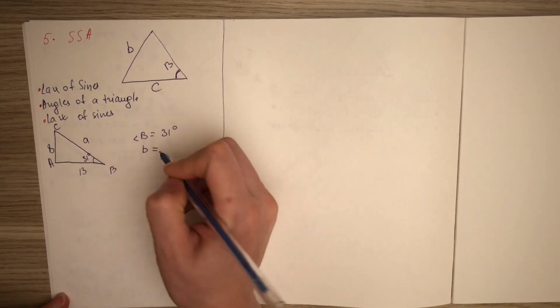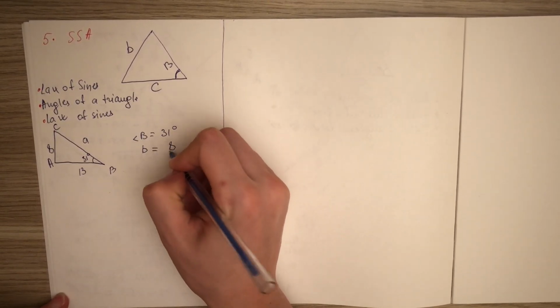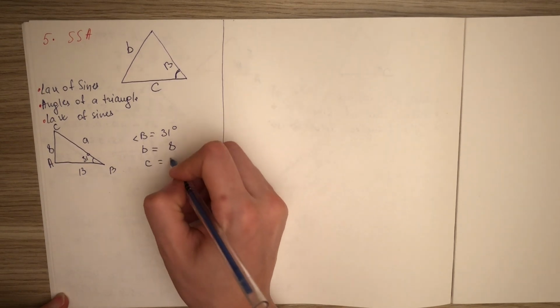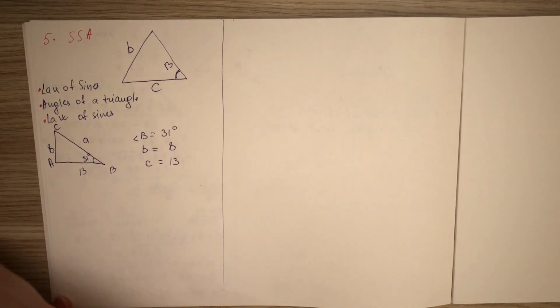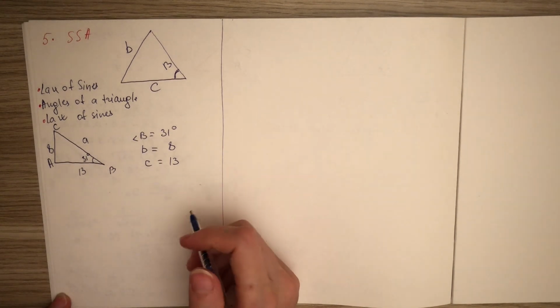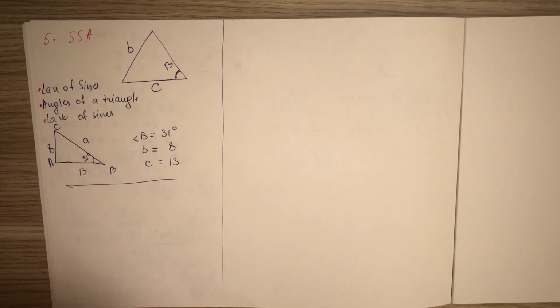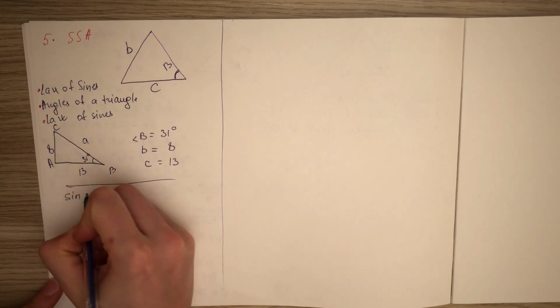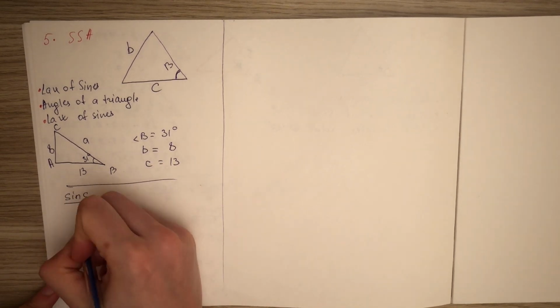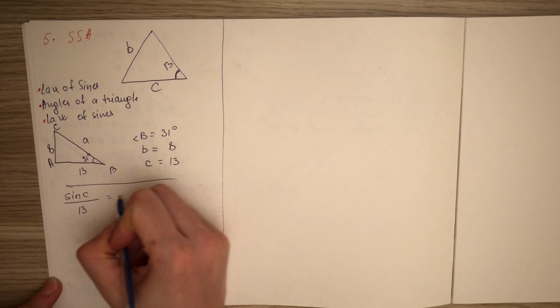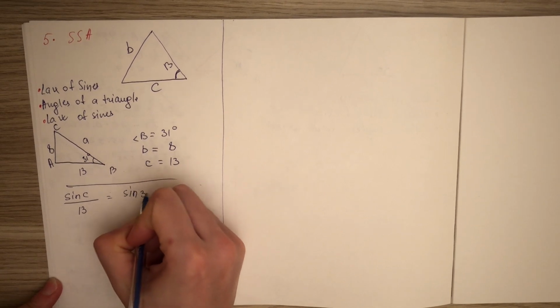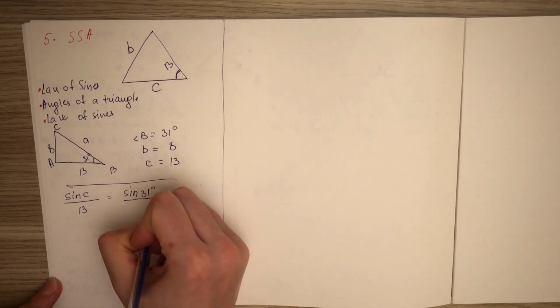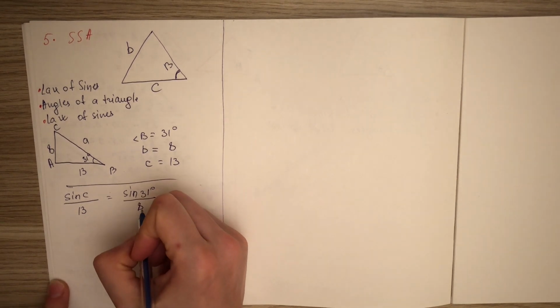So our side b is equal to 8, side c is equal to 13. Now let's use the law of sines. So sine C divided by 13 is equal to sine 31 degrees divided by 8.